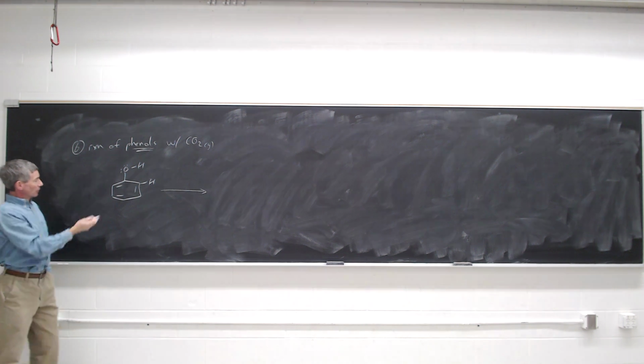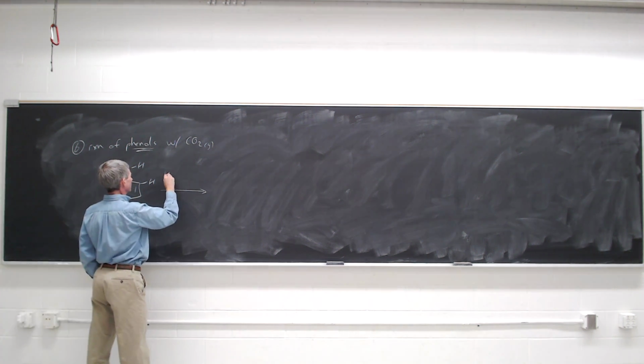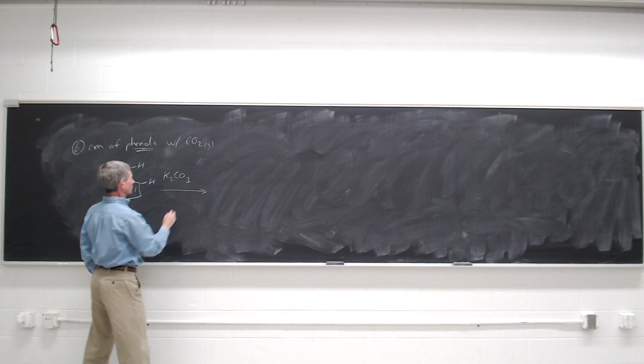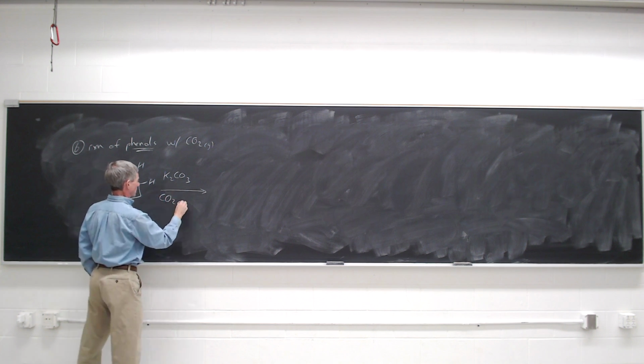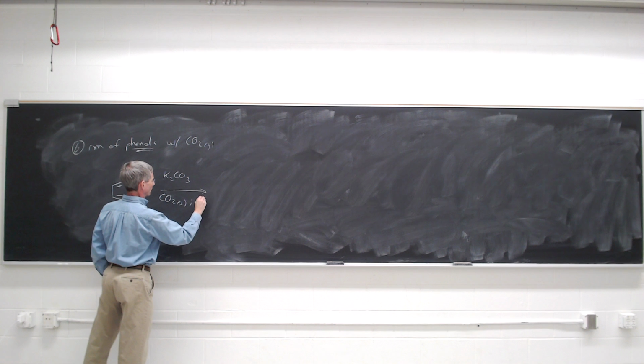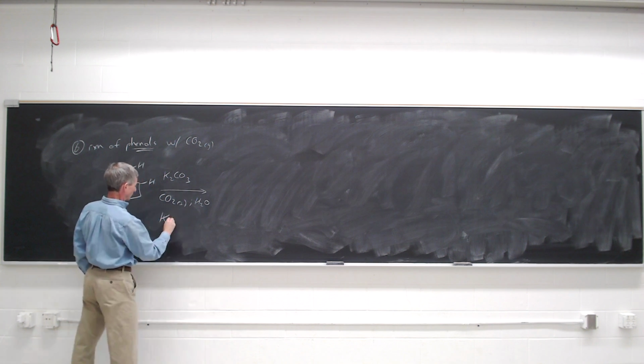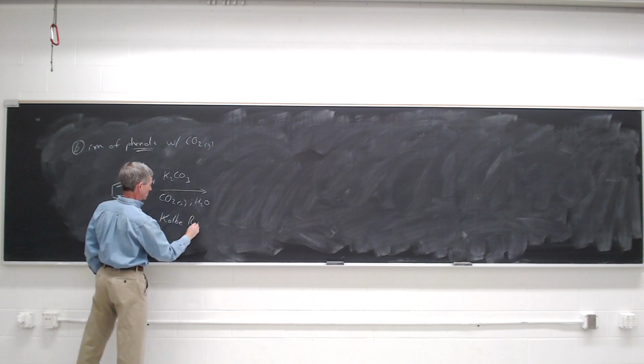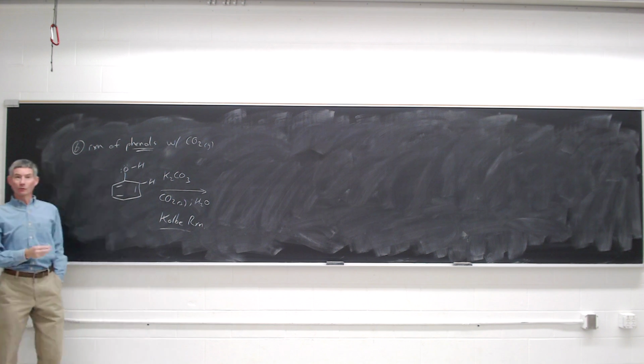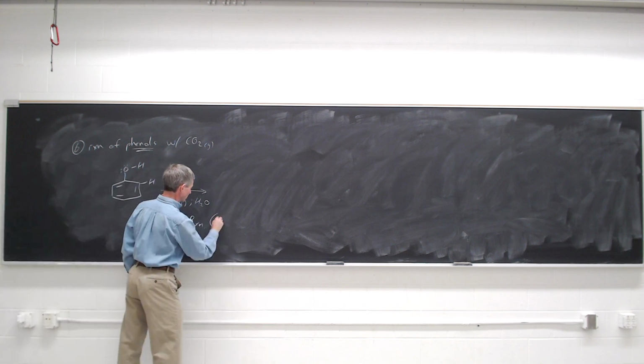The reaction of a phenol with potassium carbonate, CO2 solid, and water is referred to as the Kolbe reaction, and you'll find this hiding in chapter 22.